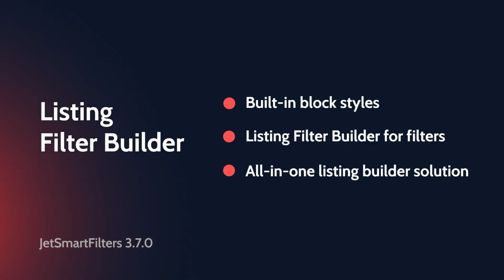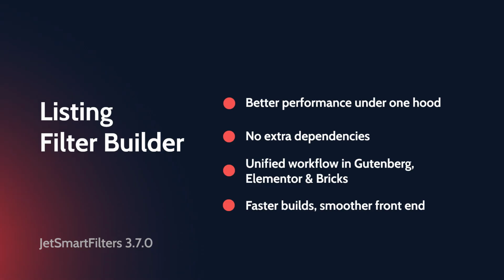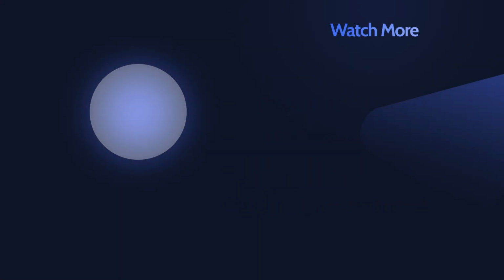It all runs under one hood for faster workflows and better performance on the front end. For Crocoblock professionals and workhorse site creators, this is exactly the kind of upgrade that makes every build faster and more efficient. Go ahead and update to JetSmartFilter 3.7, explore the new listing filter builder, and feel the difference.